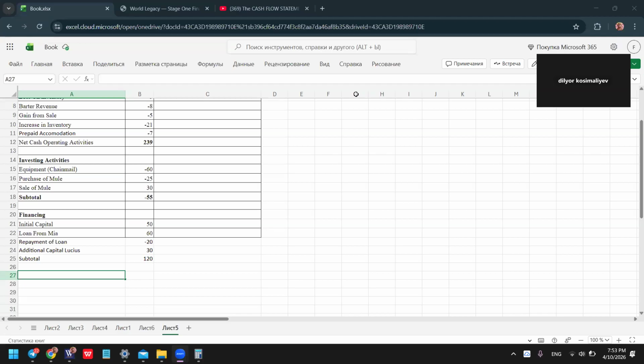So now, 304, it was a positive number, right? So it's the total net increase in cash for Atia Varol. So it means that your 20 days trip was profitable. Total net increase.